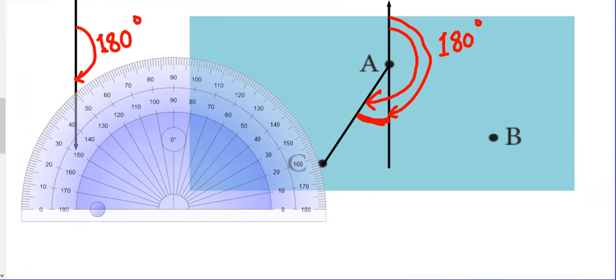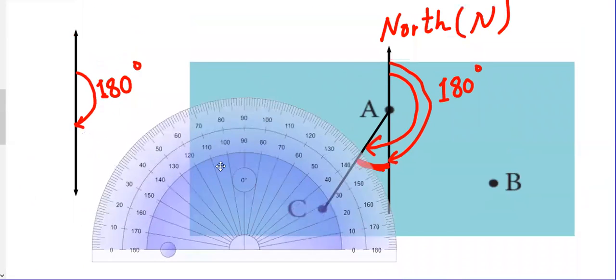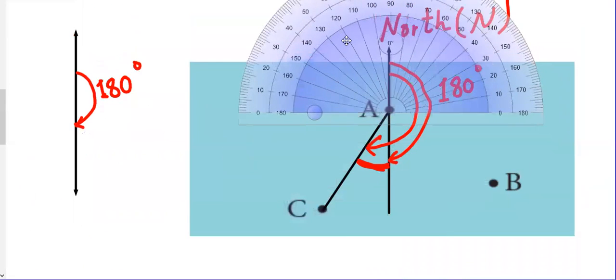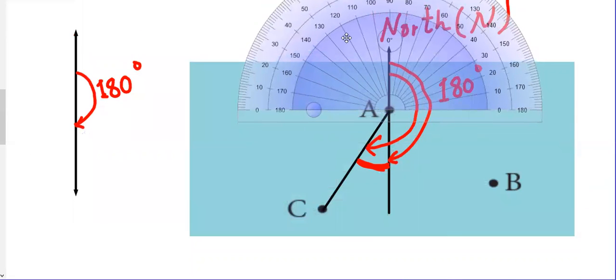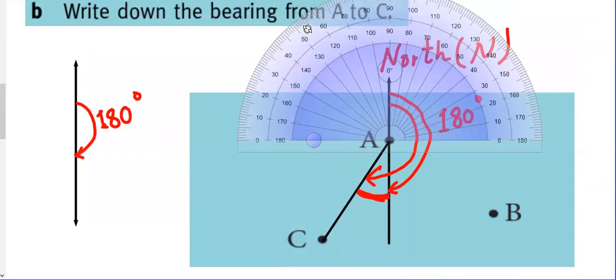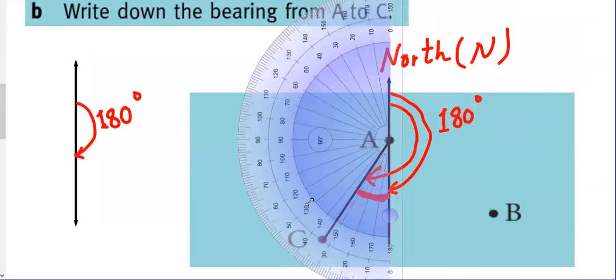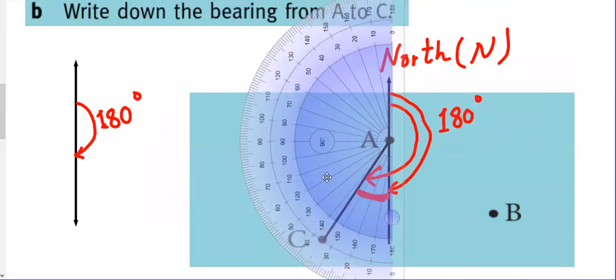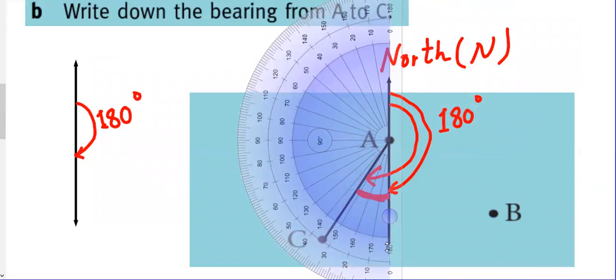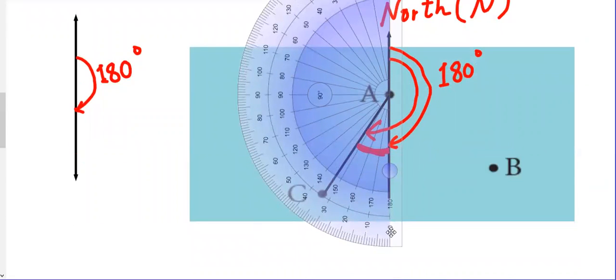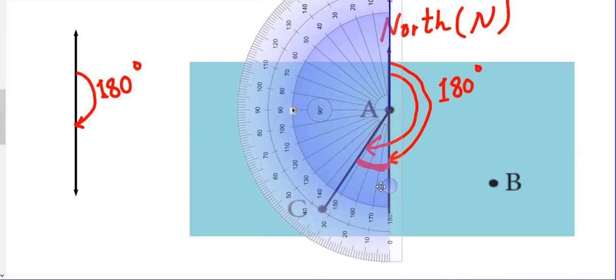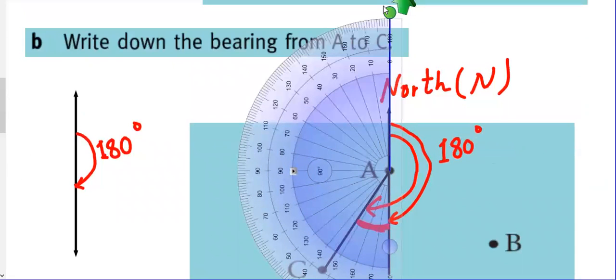You take your protractor, put the center of the protractor somewhere here, and then turn your protractor that way. And then you'll be measuring that small portion from here, 0, 10, 20, until you hit this line here. See that? All right.